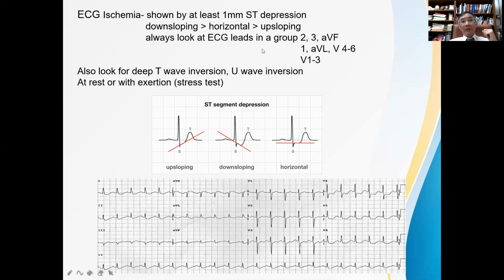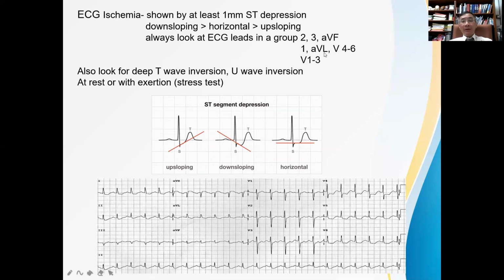Whenever we do an ECG, we group the leads, because groups of ECG leads look at the heart from the same position. For example, leads 2, 3, and AVF look at the heart from the bottom, the inferior part of the heart.